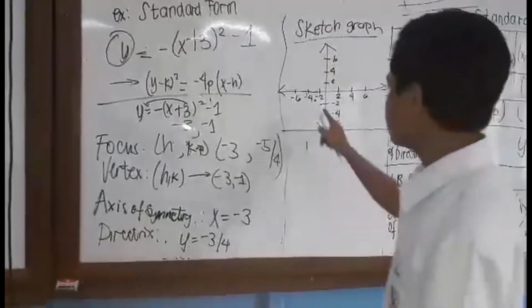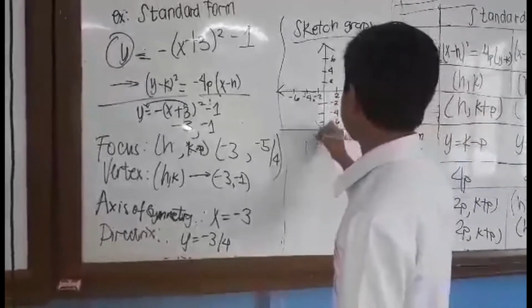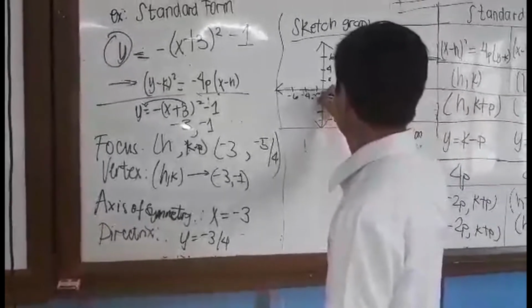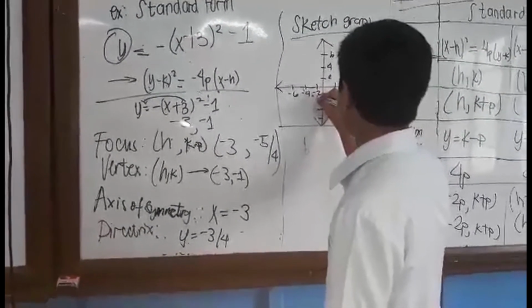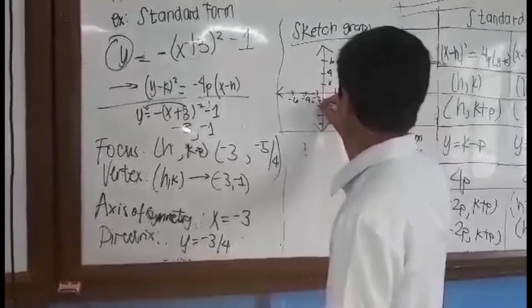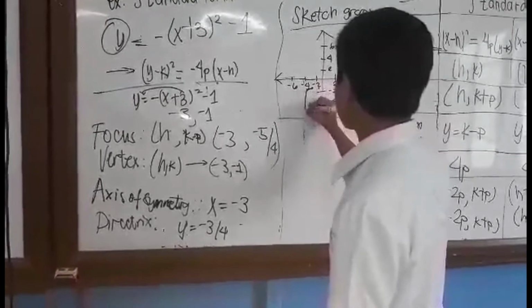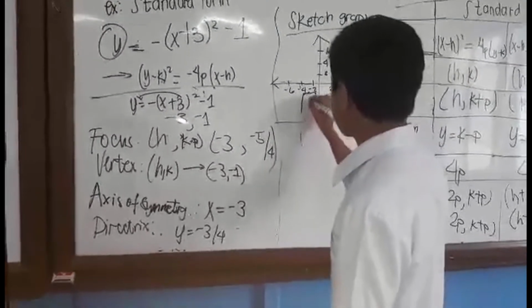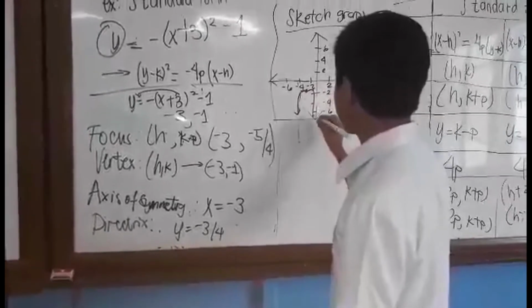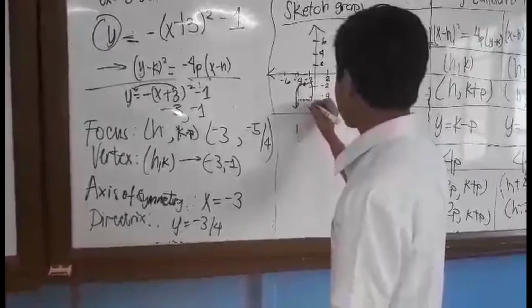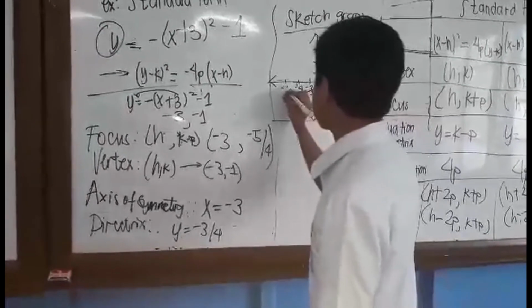The focus is (−3, 5/4). Let's have negative 3/4 as our vertex.